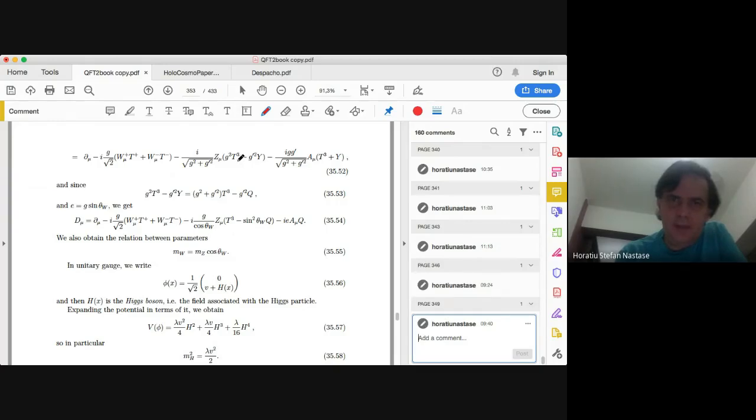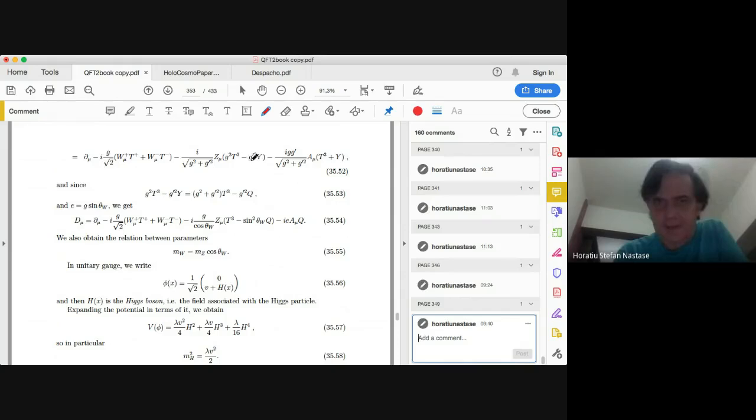So then I have here g squared plus g prime squared over square root. So this is the square root of g squared plus g prime squared, which is g over cos theta W in here.